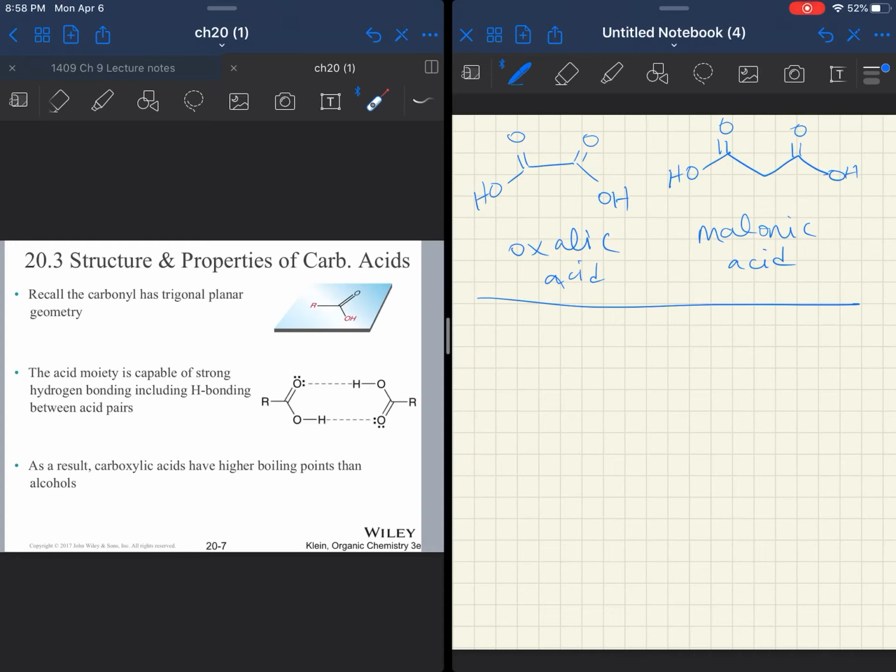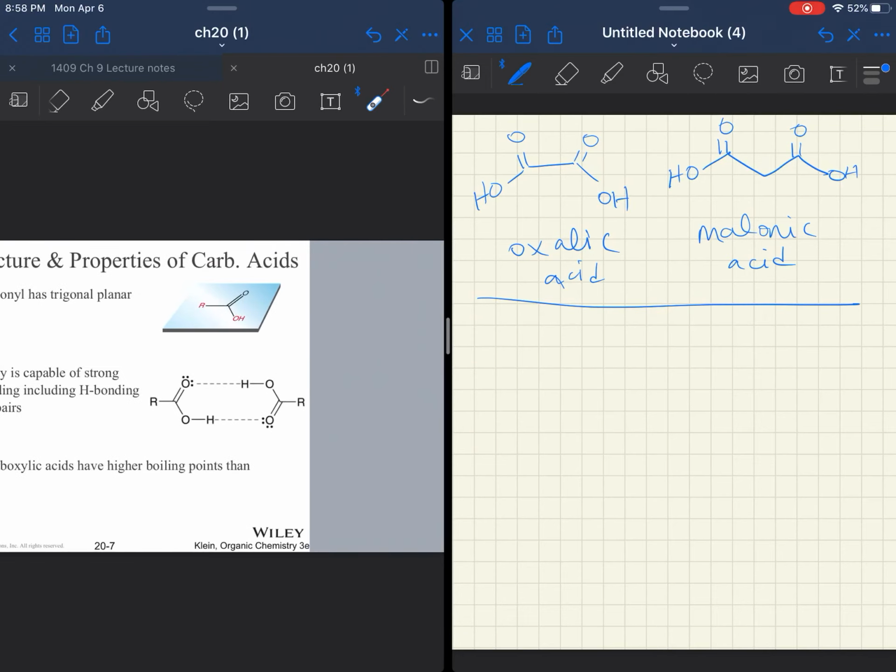Okay, practice your nomenclature. Now, structure and properties of carboxylic acids, we've covered from time to time, and it shouldn't be too surprising. They have a trigonal planar geometry, right? You have that sp2 carbon at that carbonyl. It's acidic. It's capable of very strong hydrogen bonding because each functional group can form 2 different hydrogen bonds.